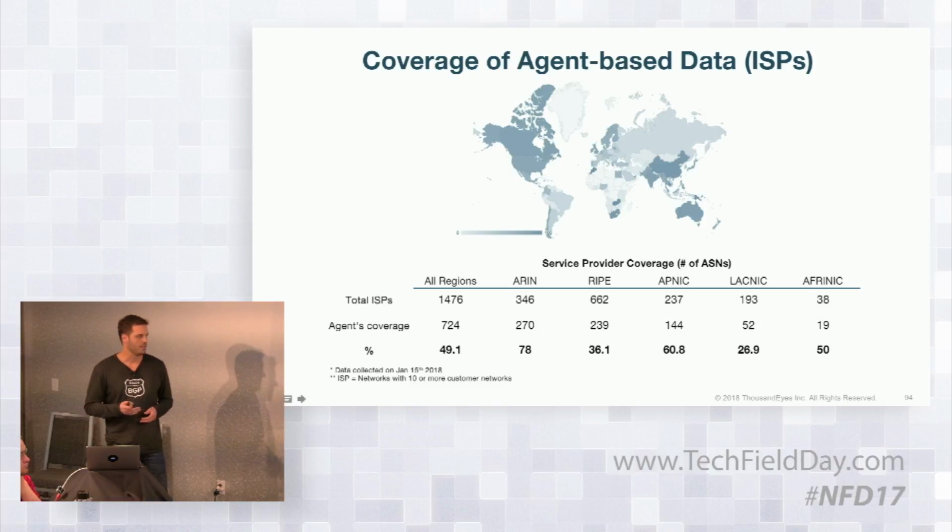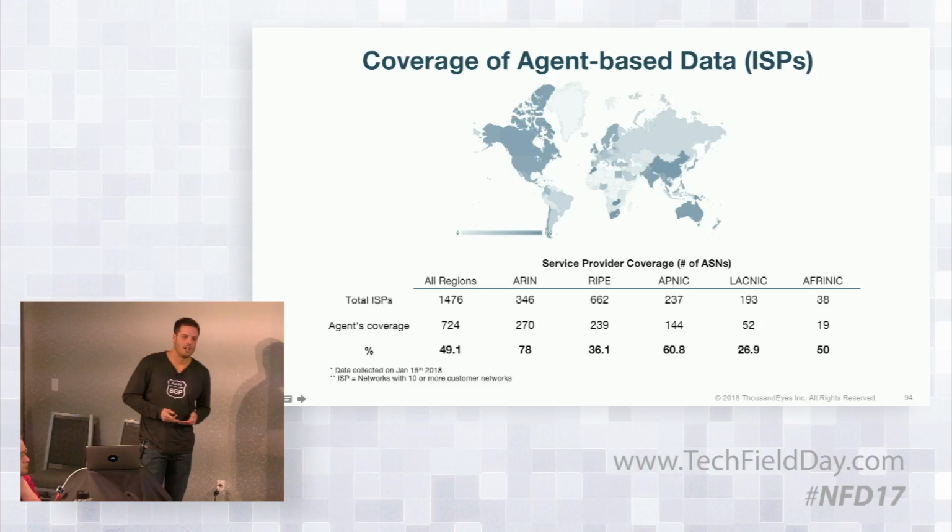And then, how we classify an ISP. An ISP in this case is an autonomous system that has 10 or more customer networks or other autonomous systems as customers. We use a relationship inference algorithm to determine the relationships between autonomous systems, and then we filter out every ISP that has fewer than 10 customers, because those are more on the border of the network.